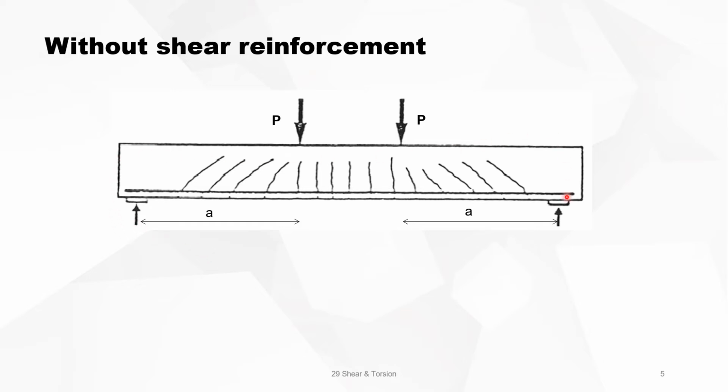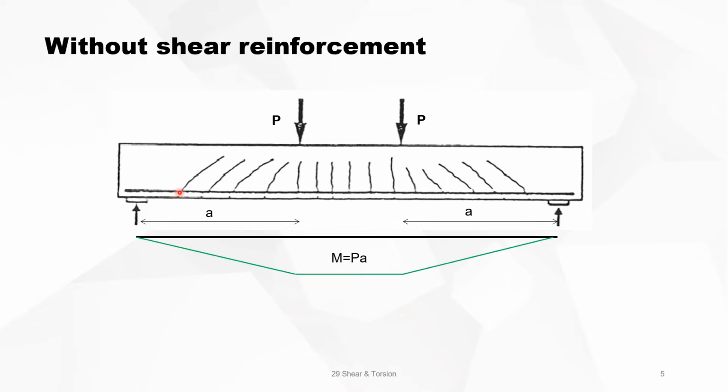Suppose we have a beam which is loaded by two local loads. Then we see that in the middle the cracks are vertical or almost vertical. Once you go to the support, the cracks are more and more inclined.